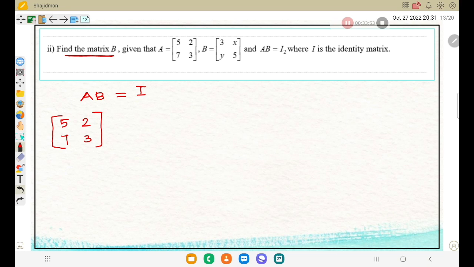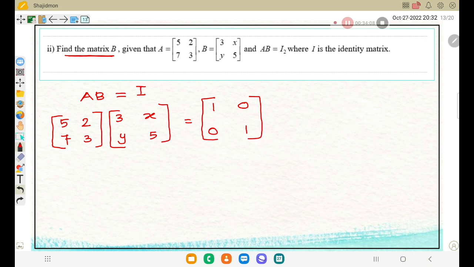Correct? Multiply B. What is B? 3, x, y and 5. Equal to the I matrix. I matrix means 1, 0, 0 and 1. Correct? Identity matrix of order 2.